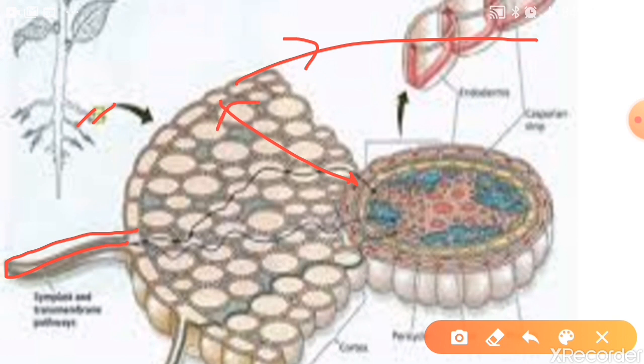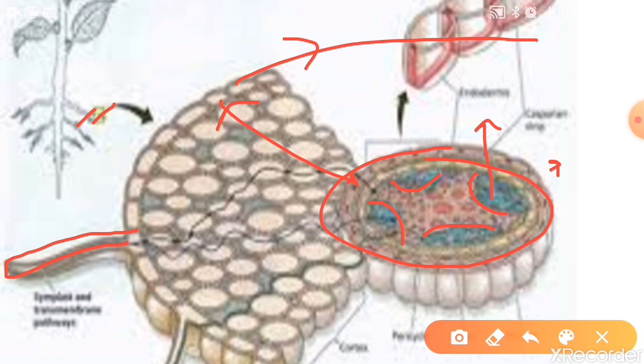This is not required in detail for you now, but in class 9 you had learned. Then internally there is the endodermis, and inside that you find the xylem and the phloem present, right? Now this is the xylem and phloem of the root region. This will be connected to that of the stem, and the xylem of the stem is connected to that of the leaves.